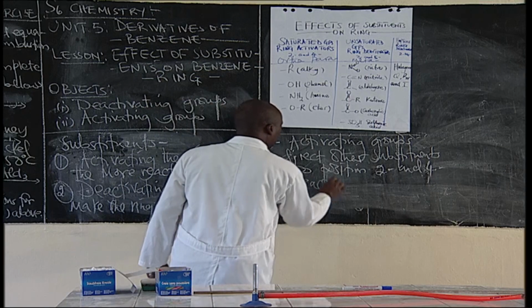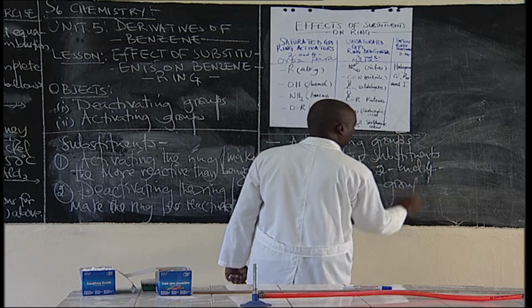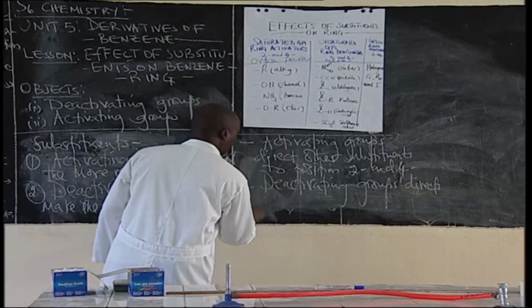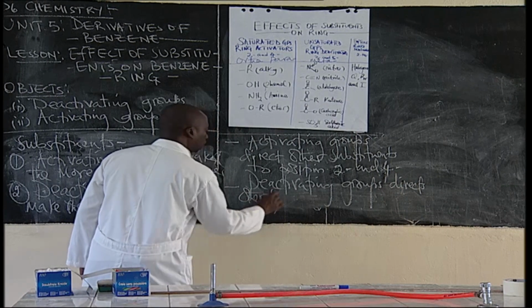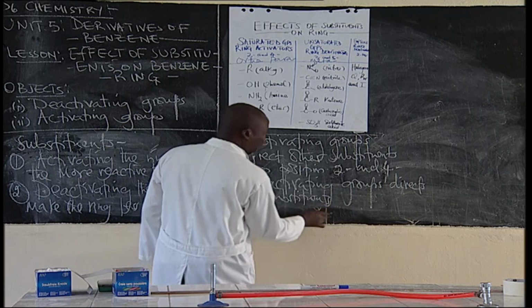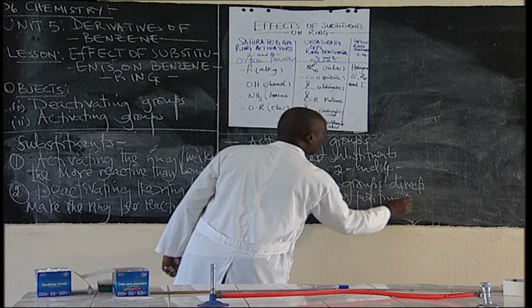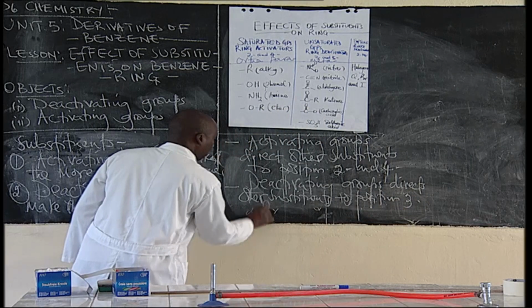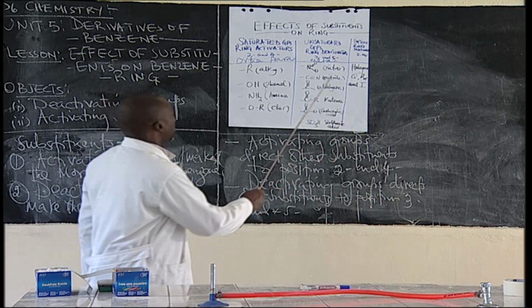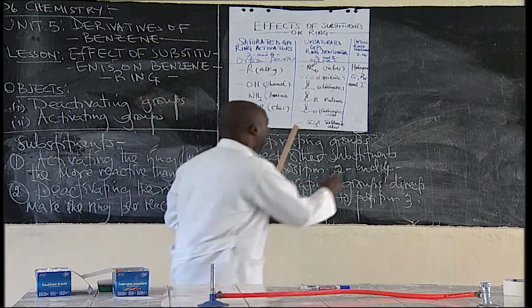Deactivating groups direct other substituents to position 3 and 5. We said these are meta positions. The meta positions are 3 and 5.